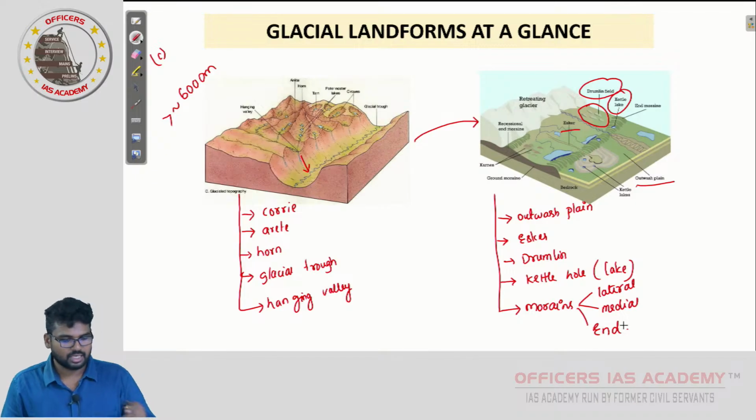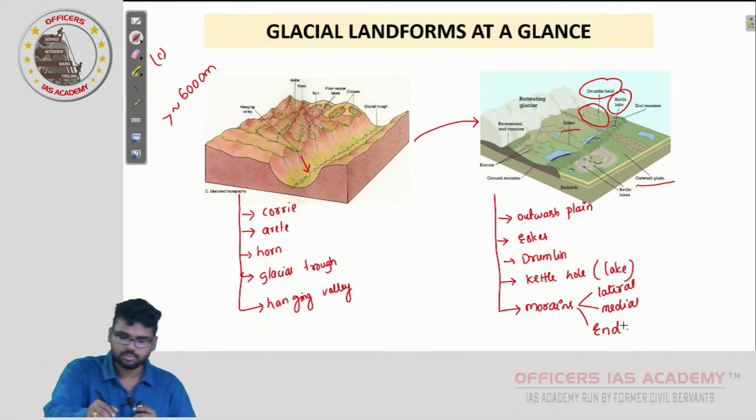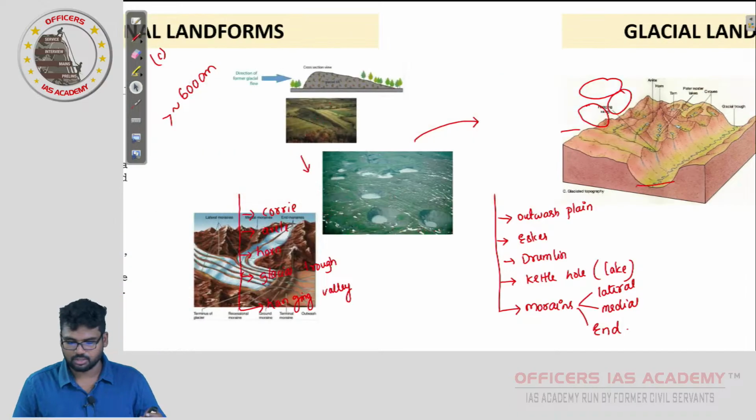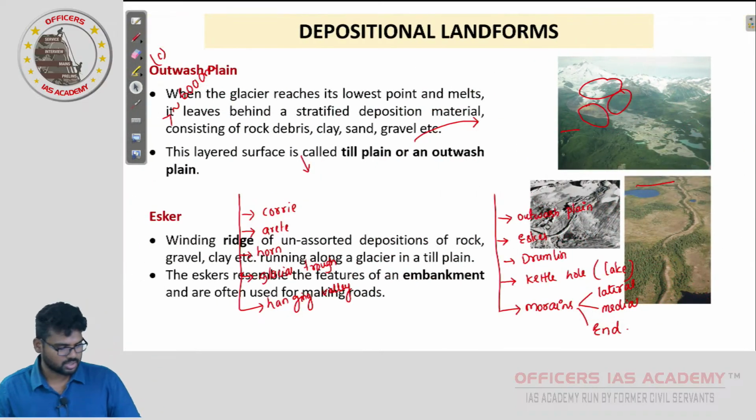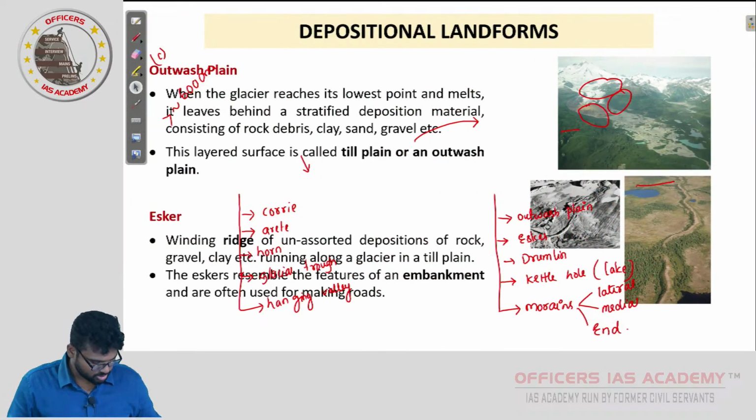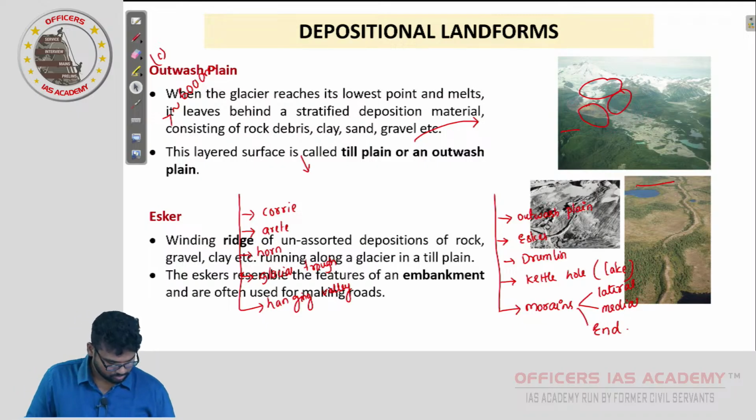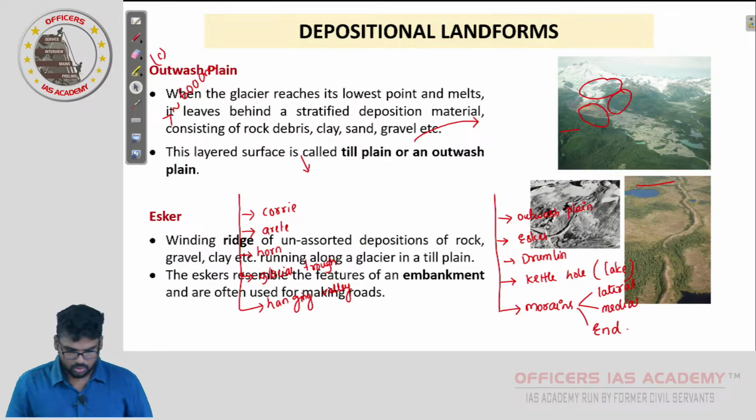Okay. So now let us write glacial landforms of depositional nature. Please put the first subheading, that is outwash plain.